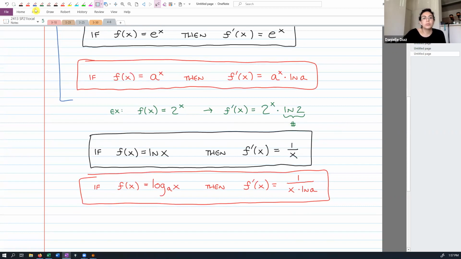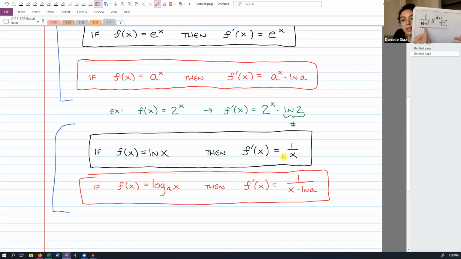We're done. I'm sorry. Is this rule or whatever, it just looks like this one? Are those somehow related? Because it just reminds me of that. What does? This, the 1 over n plus 1 x to the n plus 1 plus c. What reminds you of that?